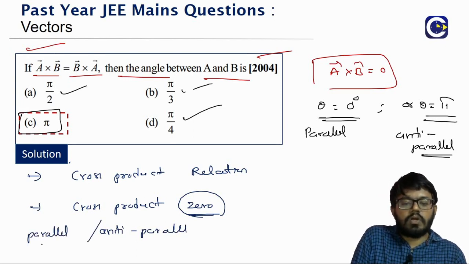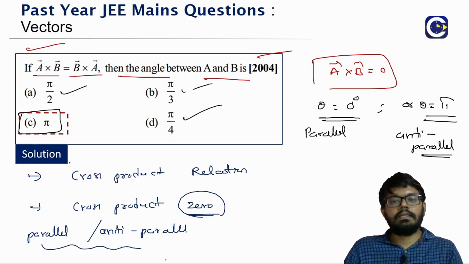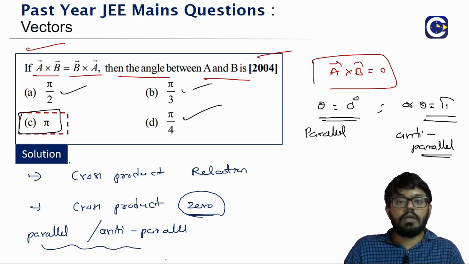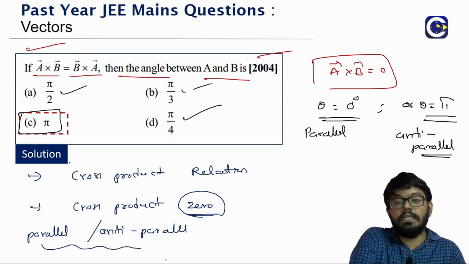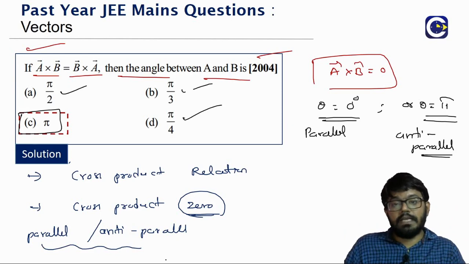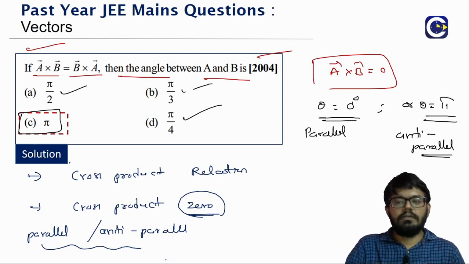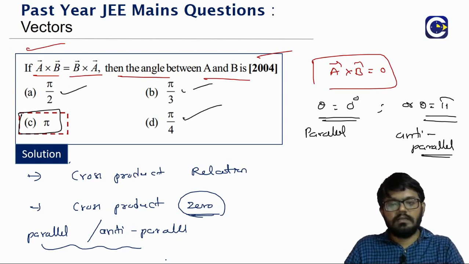So whenever we want to talk about the parallel anti-parallel vectors, what is the condition we use? The cross product of the vectors must be equal to 0. Similarly, in case of the vectors perpendicular, what will be the condition that will be used? The dot product of the vectors will be taken as 0. But that is not the discussion point here, just to tell you. So these are the two ideas that we used to solve this question.